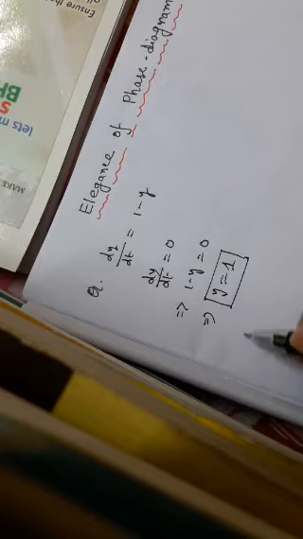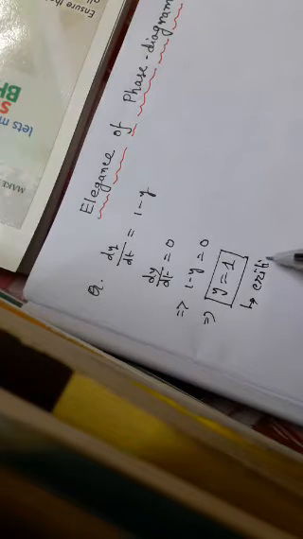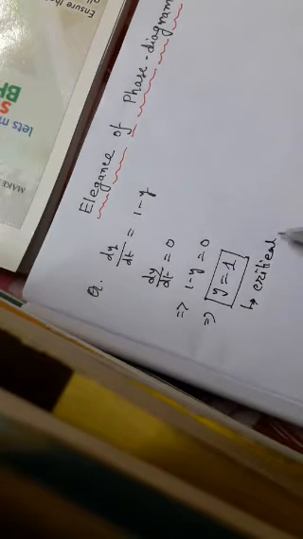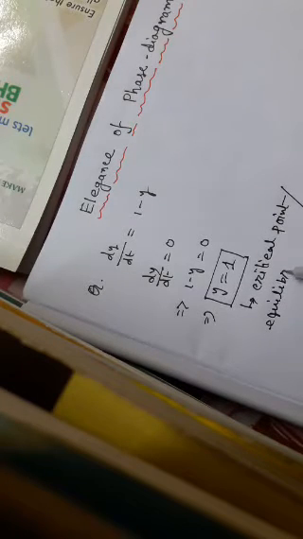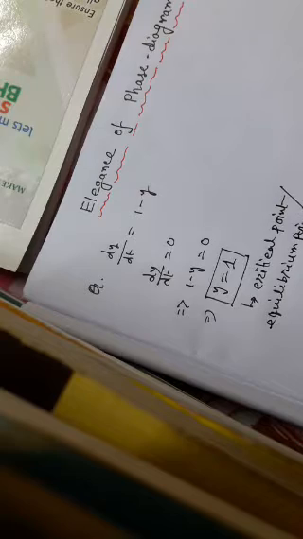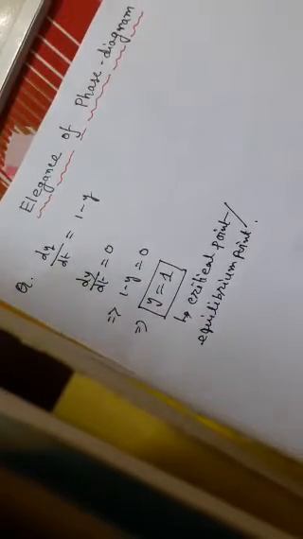This y is equal to 1, this curve y is equal to 1 is called critical point or equilibrium point. Now we try to draw a picture like this.